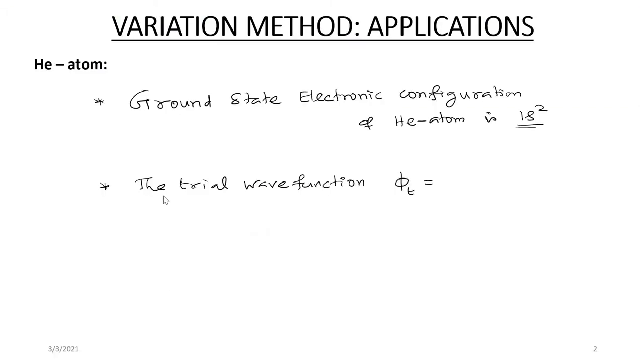So, application of the variation method, and here I'm going to discuss the helium atom. We all know that the ground state electronic configuration of helium atom is 1s2. It means both the electrons are present in the 1s orbital of the helium atom.